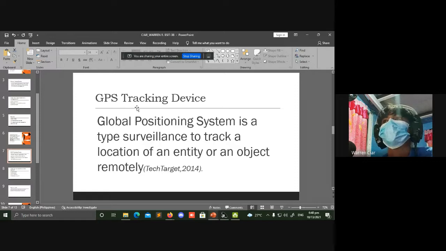So the overview of tracking device, which is the GPS, global positioning system, is a type of surveillance to track the location of an entity or an object remotely. So the surveillance is just like to secure your object or one person.